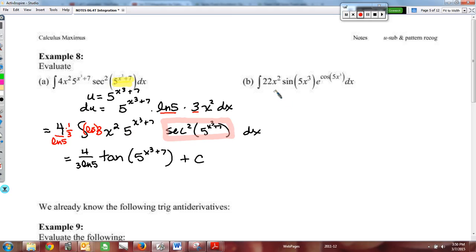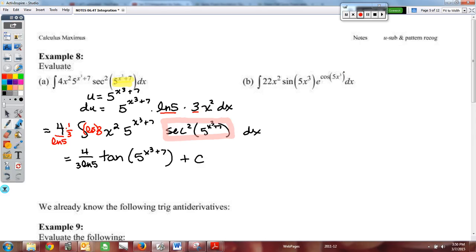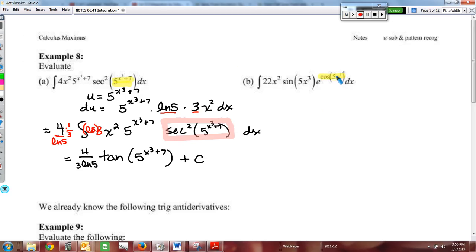All right, so let's look over here. And again, very complicated looking, but we skip over all this stuff and then we recognize that I've got this cosine of 5x cubed right here. And I think I'm going to make that my inside function because the derivative of cosine is going to have a sine in it, and that will take care of this.